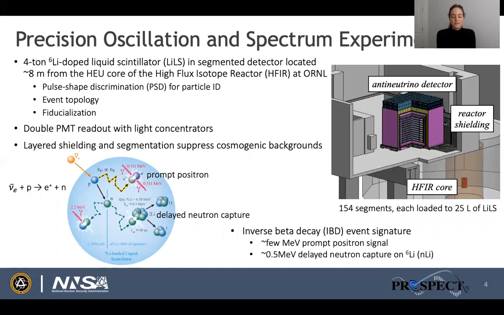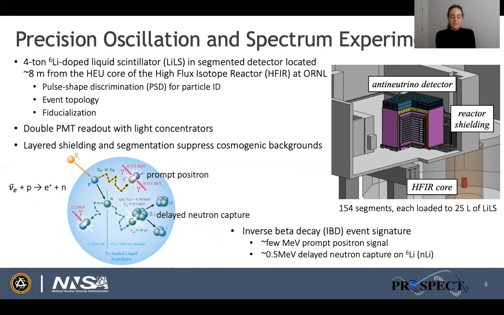We can try to make this measurement to answer these questions using PROSPECT, which is a near-field segmented antineutrino detector that was first deployed about 8 meters from the core of the High Flux Isotope Reactor at Oak Ridge. The segments are filled with 4 tons of lithium-doped liquid scintillator, and double PMT readout of each segment enables position reconstruction of events.